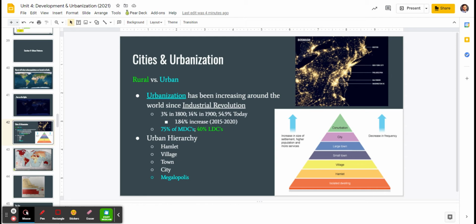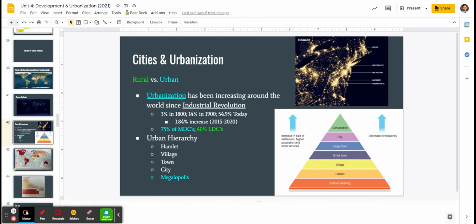People are moving out of rural areas where they would work agricultural jobs and into more urban areas where they'd work factory or service-based jobs in the secondary or tertiary sectors. And so as countries industrialize, the quality of life and the development in that country improves, they're going to move to urban centers, right? Either urban cities or suburban surrounding areas.